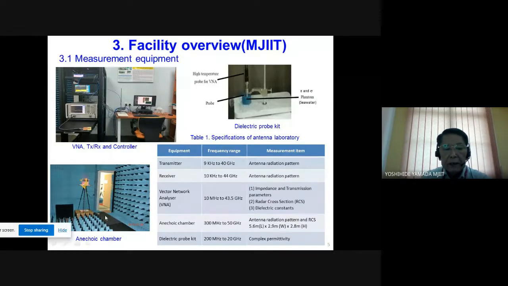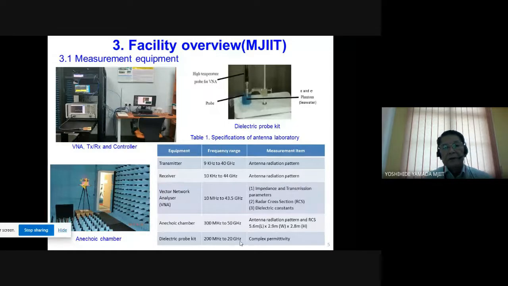So this echo chamber can measure antennas from 300 megahertz to 50 gigahertz. The size is: length is 5.6 meters, width is 2.9, and height is 2.8 meters. With the dielectric probe, the dielectric material constant can be measured from 200 megahertz to 20 gigahertz.